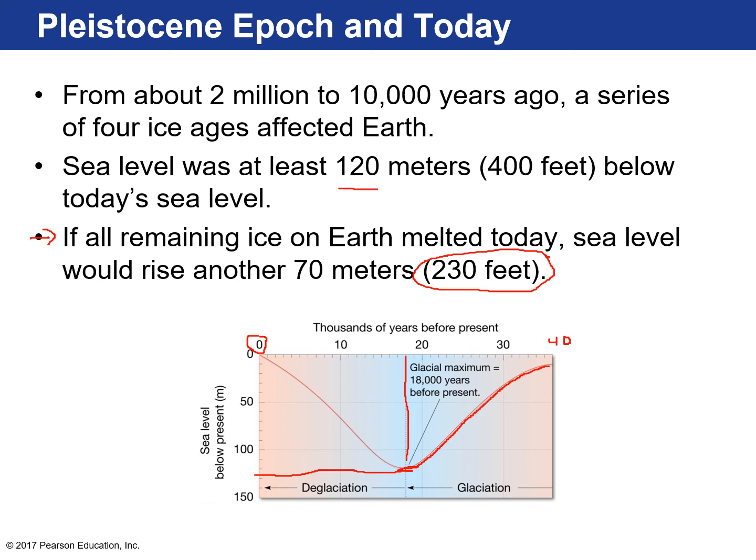It's not really a straight line, but that's 400 feet. So 18,000 years ago, right around here, sea level was 400 feet below its present value. Over the past 18,000 years, as we've warmed, all that water that was locked up in glaciers and ice caps has been going back into the ocean, and sea level has been rising to its present day location.